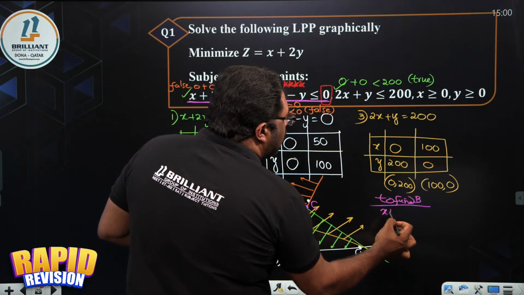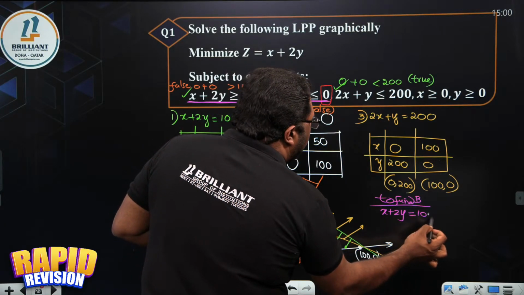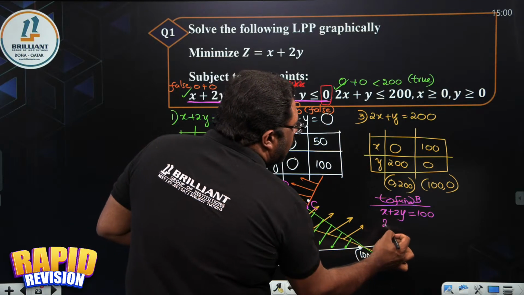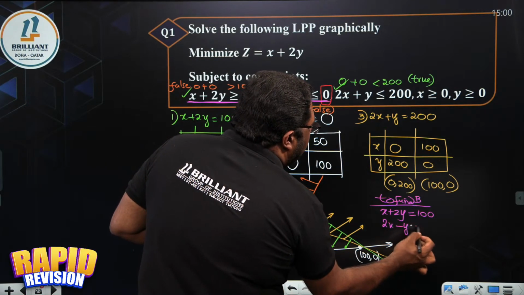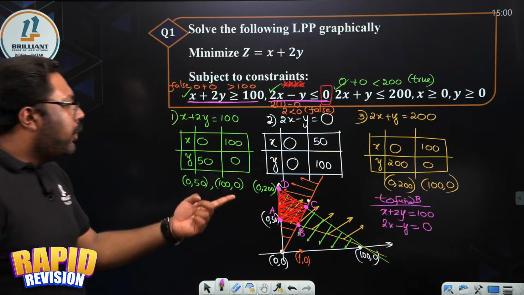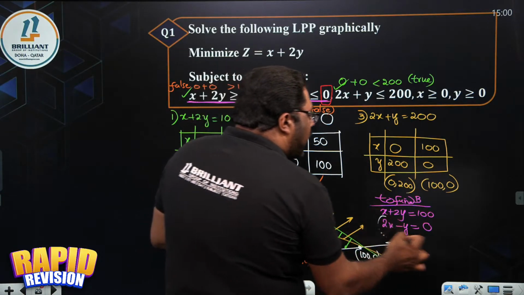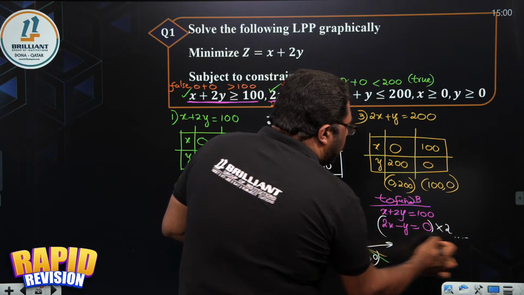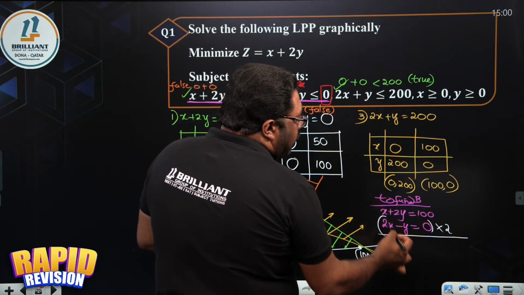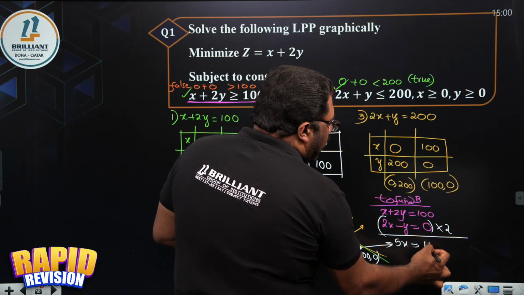X plus 2y equal to 100. 2x minus y equal to 0. Okay, I'm trying to solve this. For that, normal method of elimination can be used. Using that, 4x plus x, 5x, equals 100.